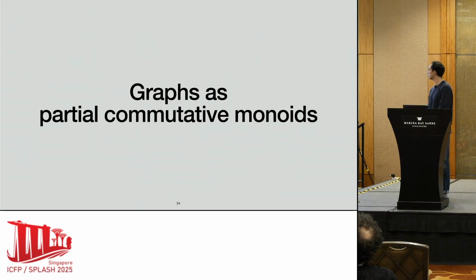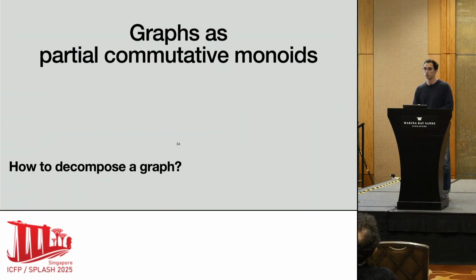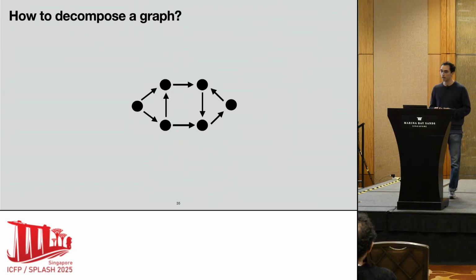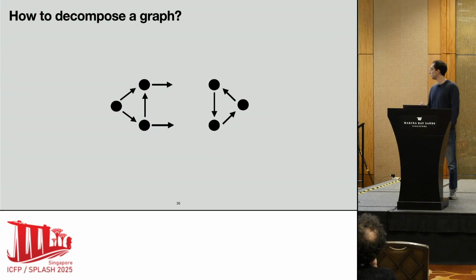So let's now move on to see how we define graphs as partial commutative monoids. To the question of how to decompose a graph, we attempt a pictorial argument. We have here the following graph with the following divide. We argue that the way to decompose it is as follows.